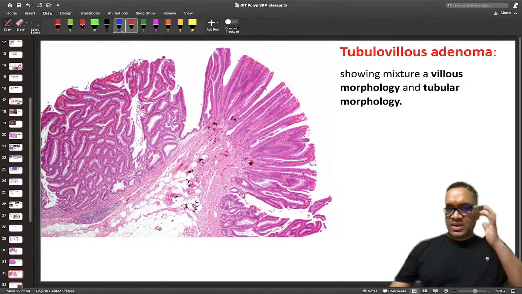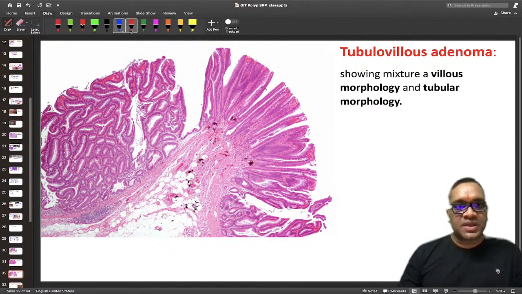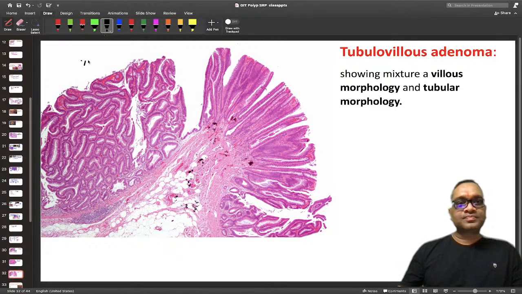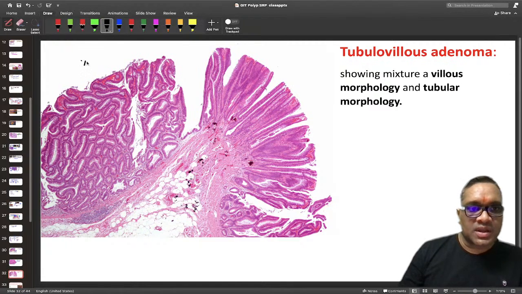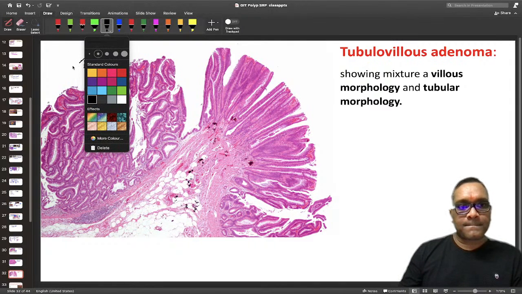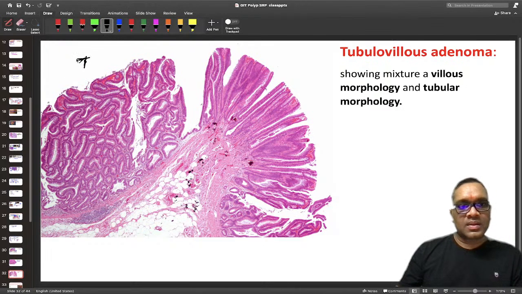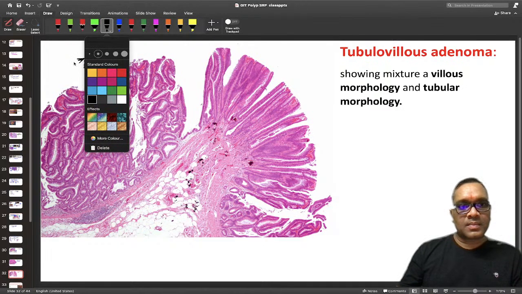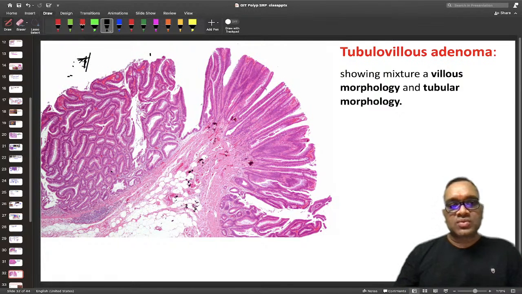Now look at this. Now you can notice in this beautiful biopsy there are two areas. Number one and number two, there are two areas I'm showing you. This is number one and this is number two.